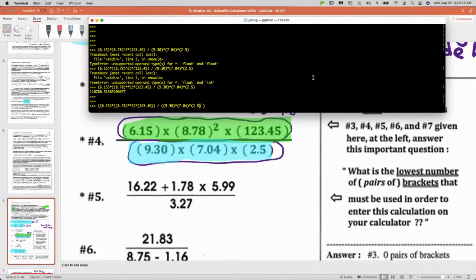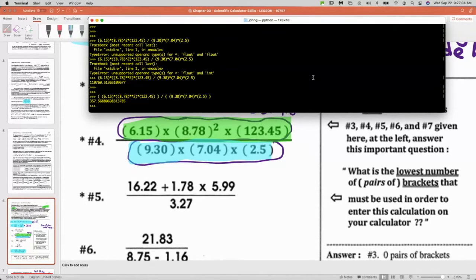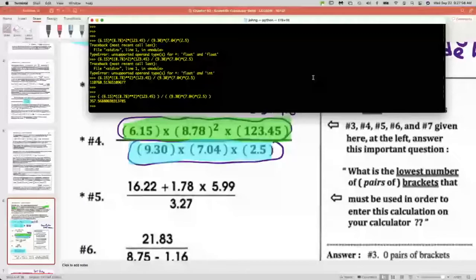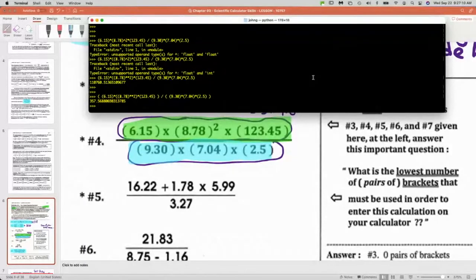I'll spread these brackets out so they're easier to read. And that's how you do it. If you want to type this in one step on your calculator, there's the answer, 357 and some decimals.